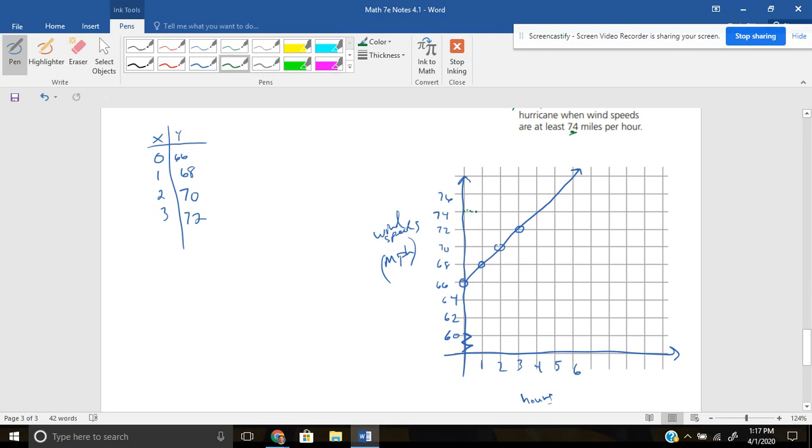I'm going to follow 74 miles an hour over until I get to my line that I made. Remember, the points on my line are solutions or answers. And if I follow that down, how long is that? Well, that would be after 4 hours.